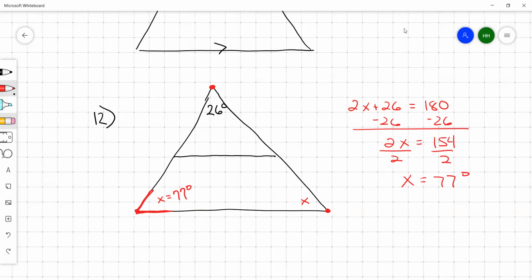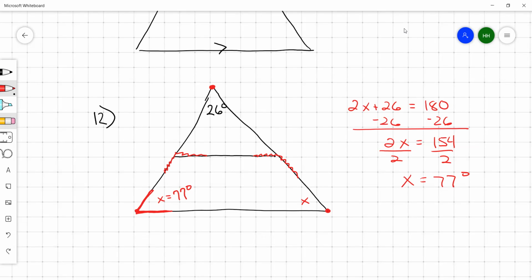And then it says of an obtuse base angle. An obtuse base angle would be this top one right here, this one, and this one. Remember from earlier that these two angles sum to 180.